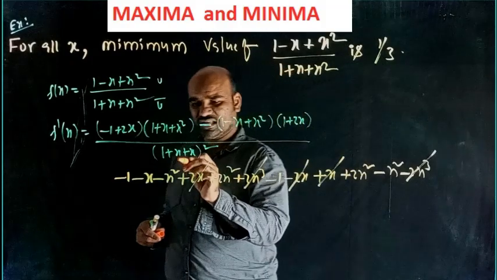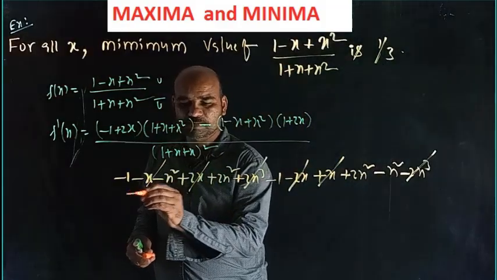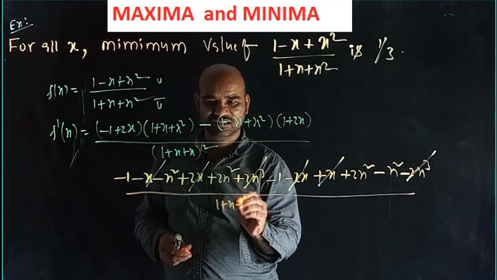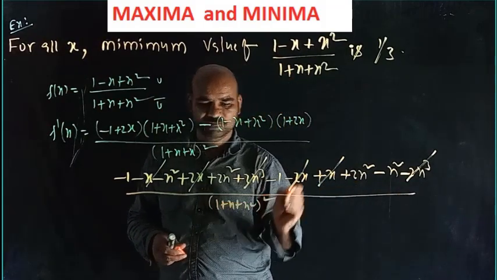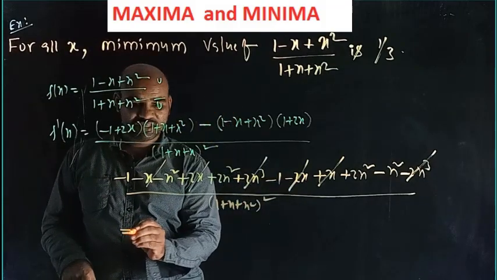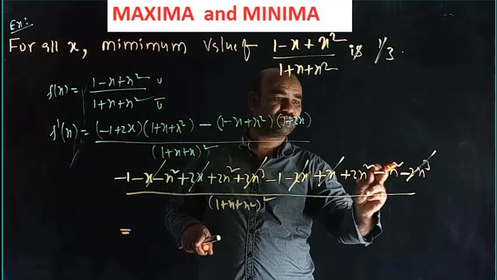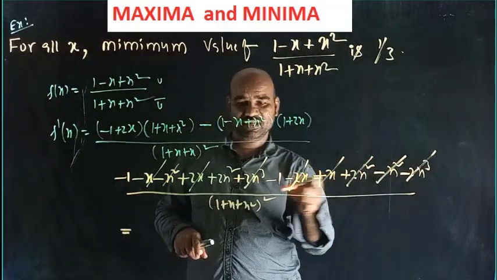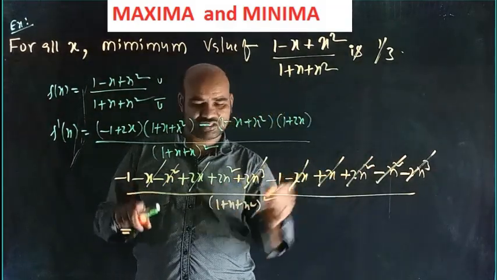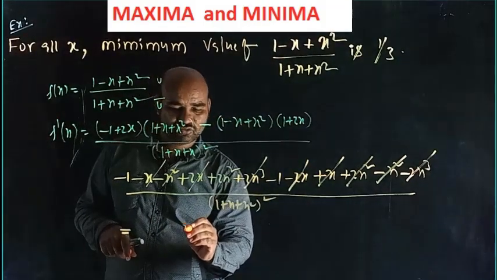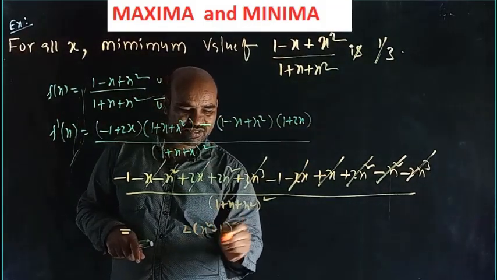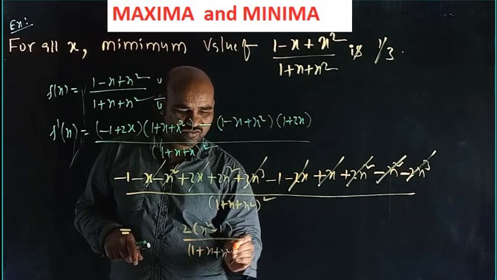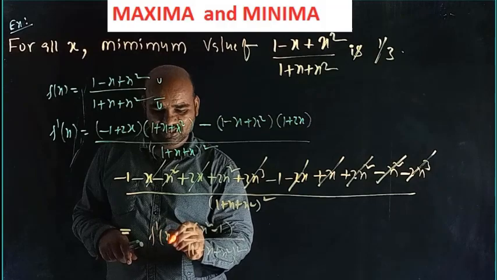Plus x minus x cancelled. By 1 plus x square whole square. So the numerator is minus x square, and this x square cancels, but remaining here is plus 2x square minus 2. 2x square minus 2, 2 can be taken common: x square minus 1 by 1 plus x square whole square. This is f dash of x.